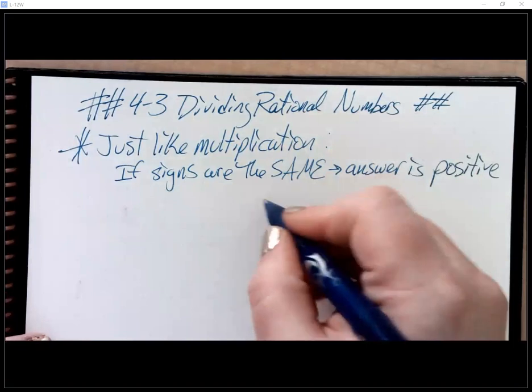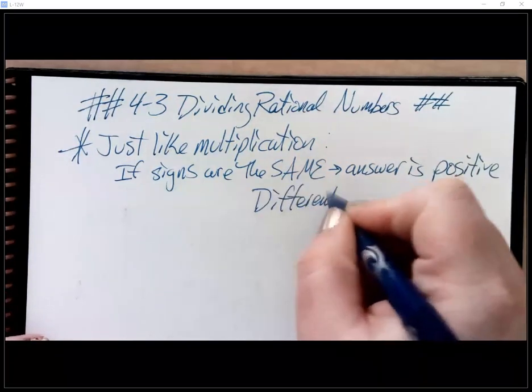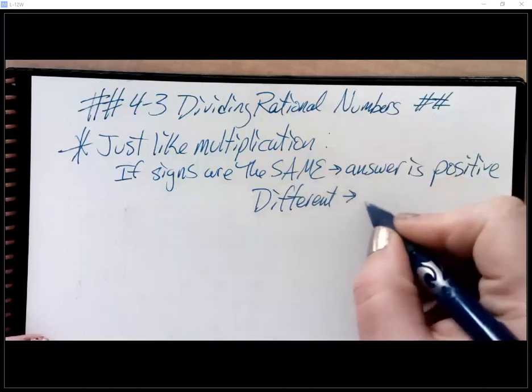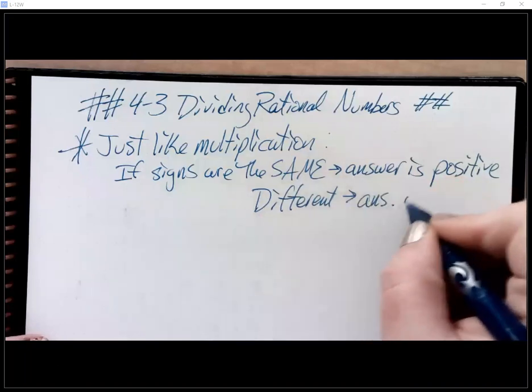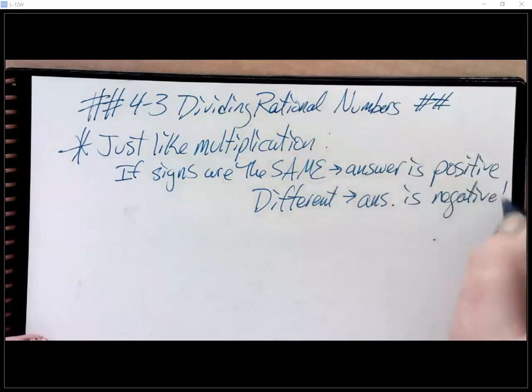And so naturally, if they're different, answer is negative. Okay, so that's important to understand the sign part of it. That's really the only new piece. And then the old stuff is just remembering how do you divide fractions or how do you divide decimals.